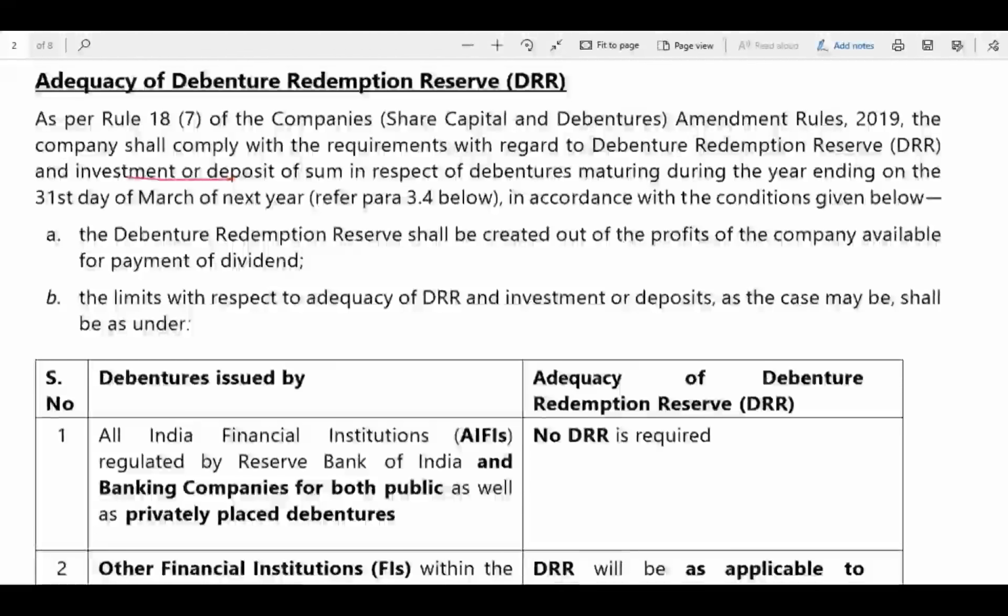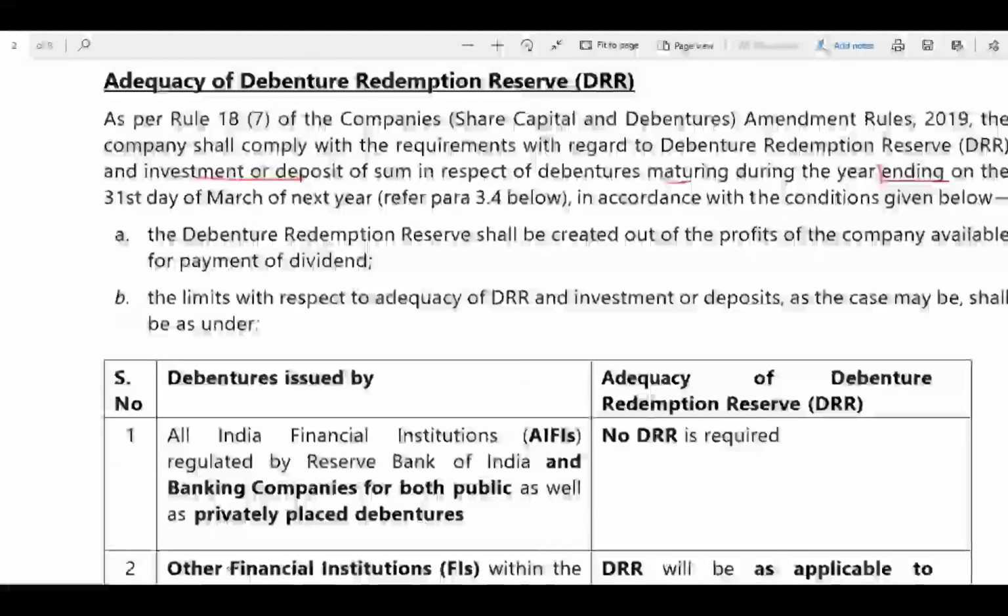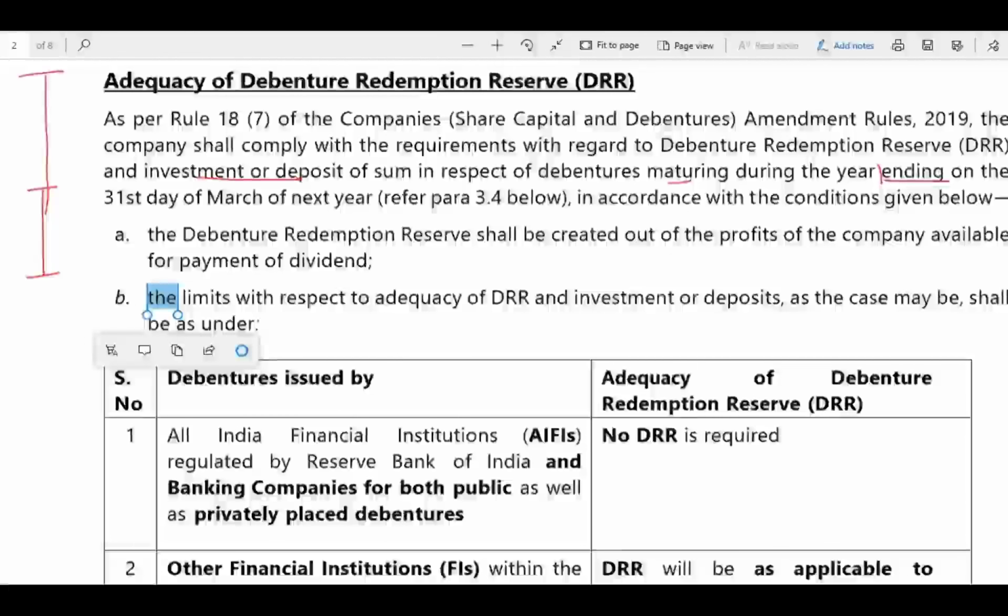Now, in respect of debentures maturing during the year ending, that means if this is the financial year, suppose the duration is 5 years, so this is the 4th year and this is the 5th year, correct? If the 5th year is the maturing year ending 31st March, then at least at the beginning of this year you are supposed to create this provision and comply with it.